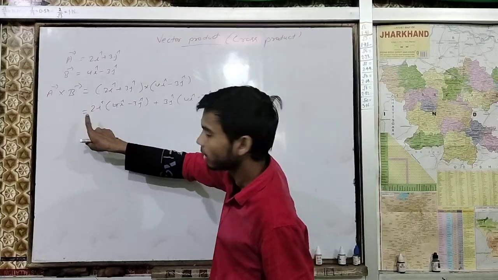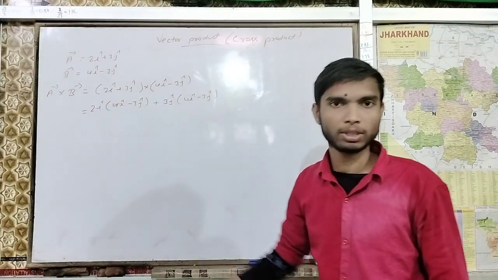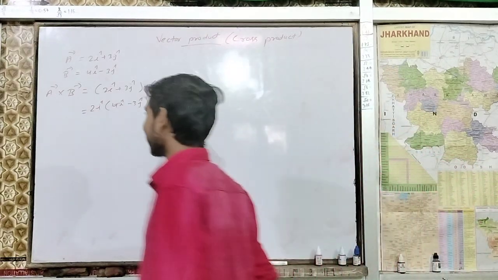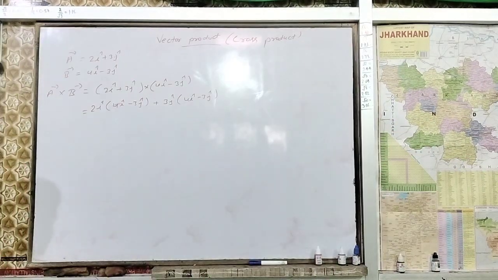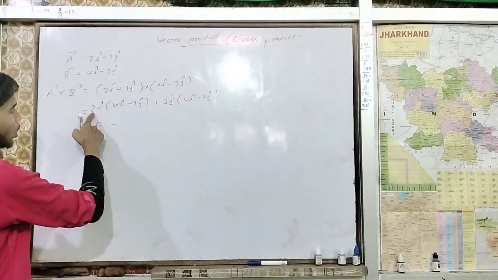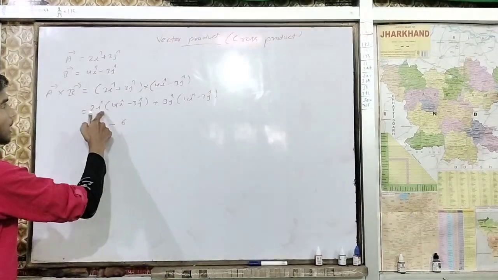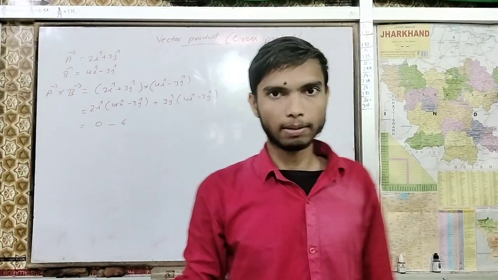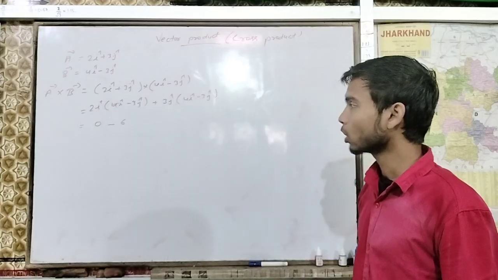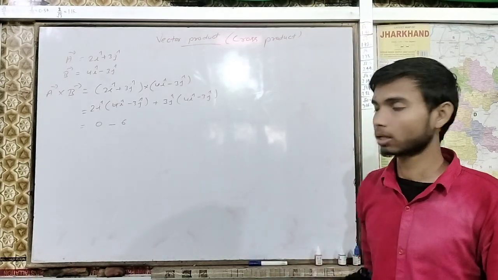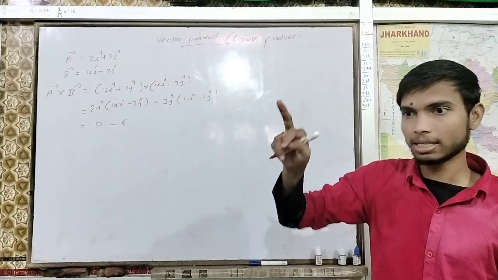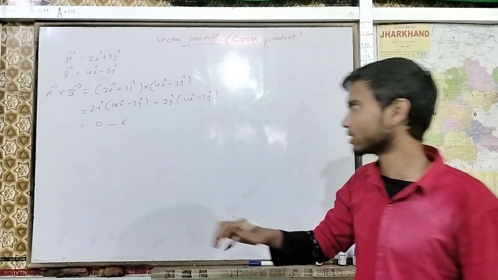Now let's multiply. 2 4s are 8, I cap I cap is 0 because sine 0 is 0, so this will become 0. Minus, 2 3s are 6, but here we have I cap and j cap. What is happening? Next axis is coming, which is k cap. So I j k, of course positive.